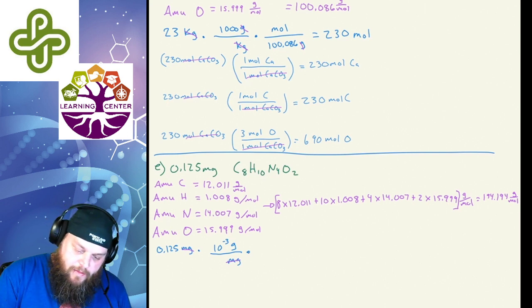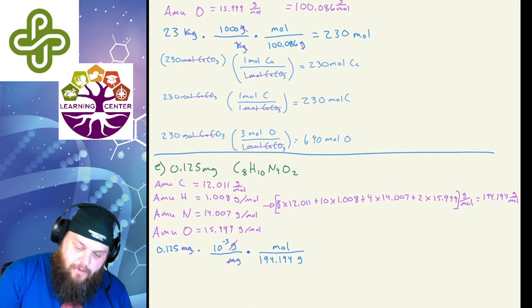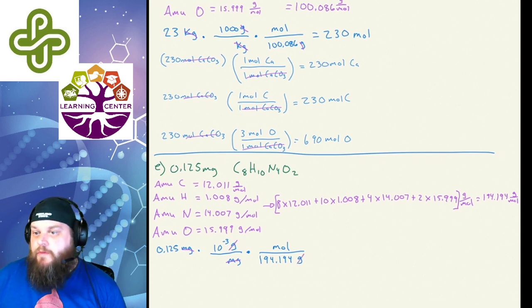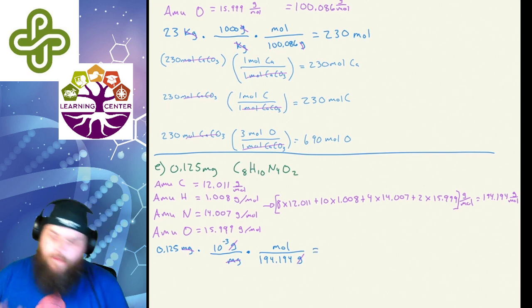So now we can multiply by some number of grams for grams per mole. That cancels out our grams and leaves us behind with moles. So this will tell us the number of moles of caffeine molecules we have.